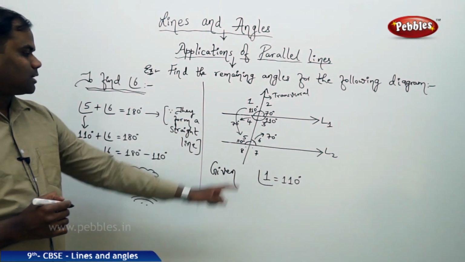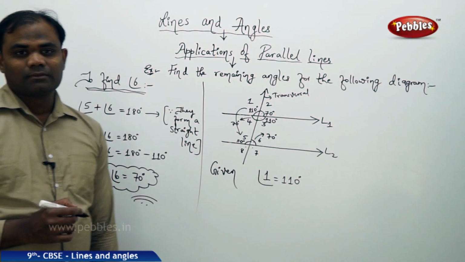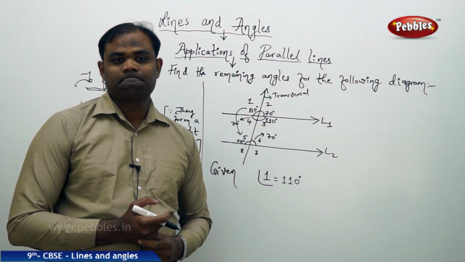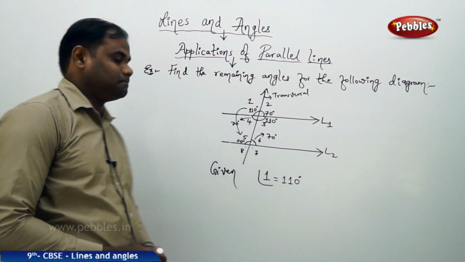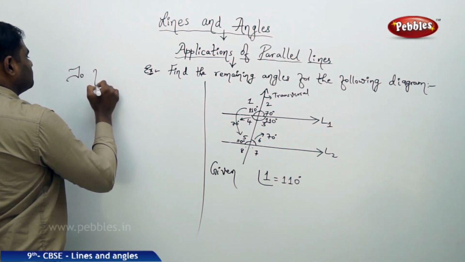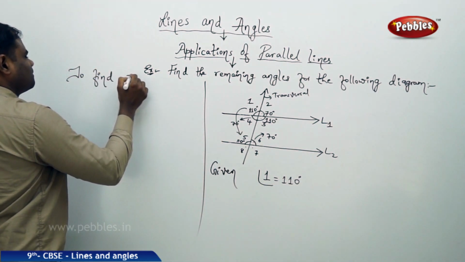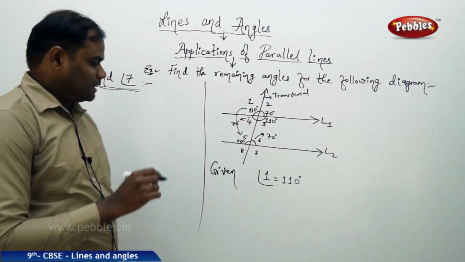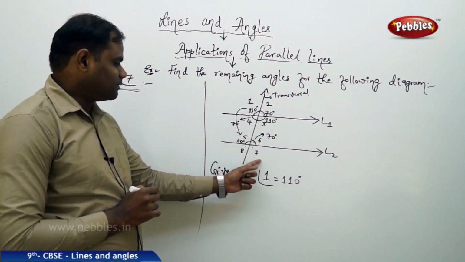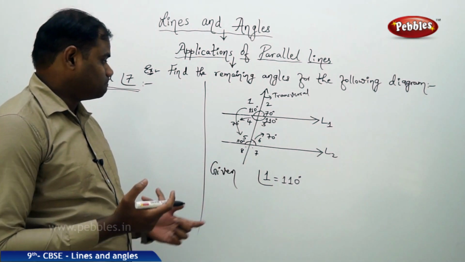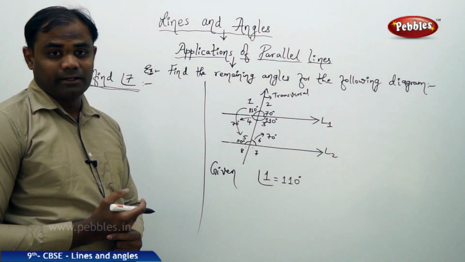Next is about finding angle 7. So let's see how we can find angle 7 using the properties. To find angle 7, as we can see clearly that 5 and 7 are vertically opposite angles. So let's see if they are equal.